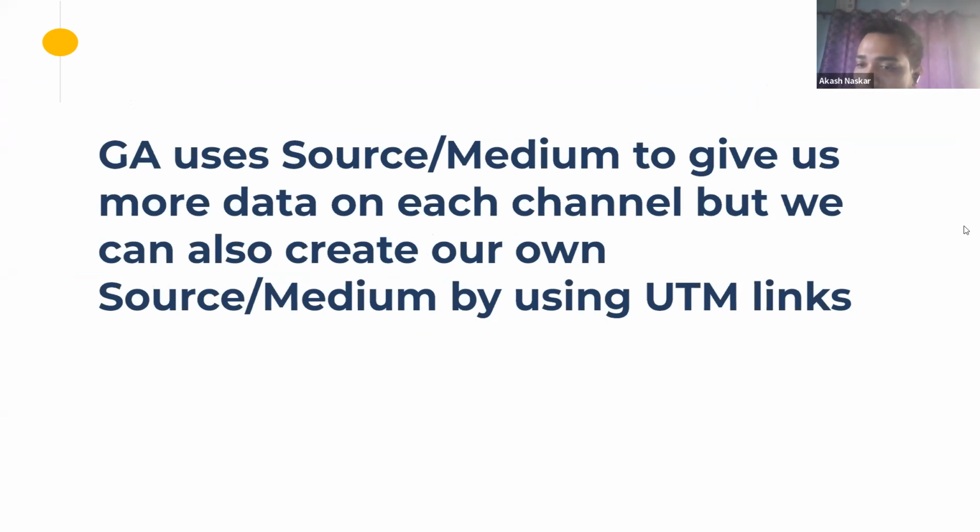You add specific information in the UTM link and add that link in the ad landing page. Once the user clicks on that ad, that data gets recorded in Google Analytics or in whichever CRM you are using.